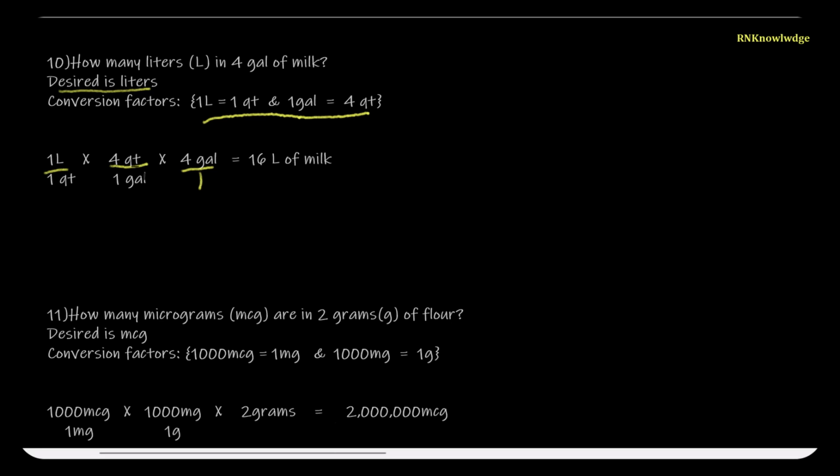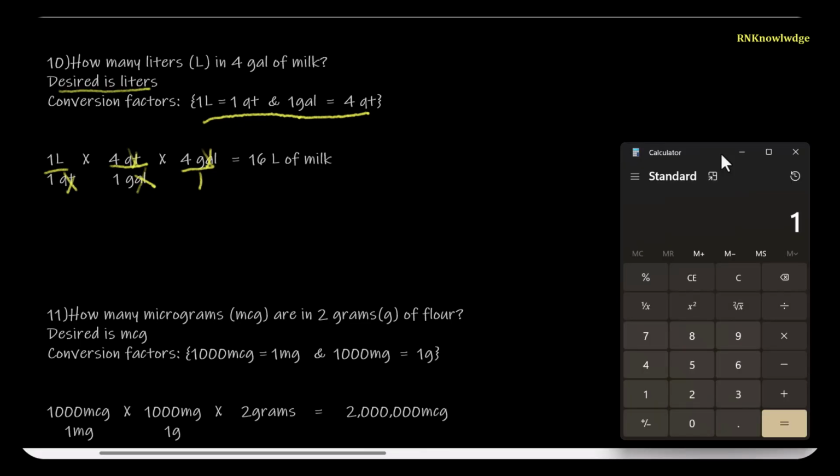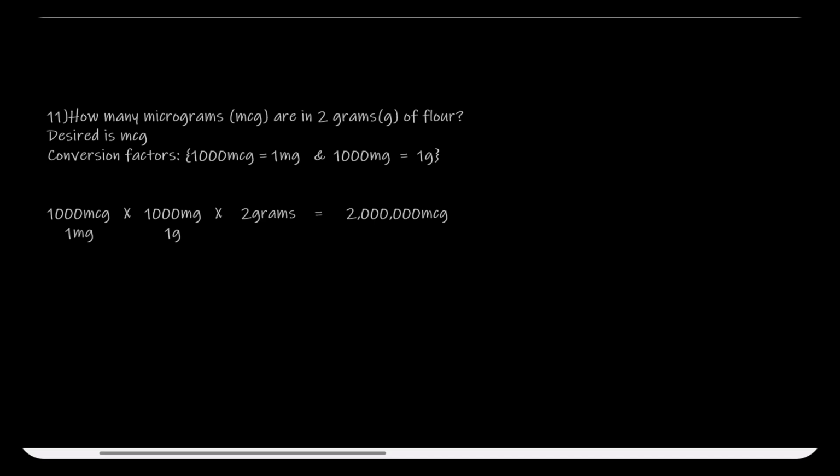Next, we cross-cancel. Gallons cross-cancel, quarts cross-cancel, and we are left with liters in the numerator position, and that's where we want to be. We multiply across. 1 times 4 times 4 equals 16 liters of milk for our answer.